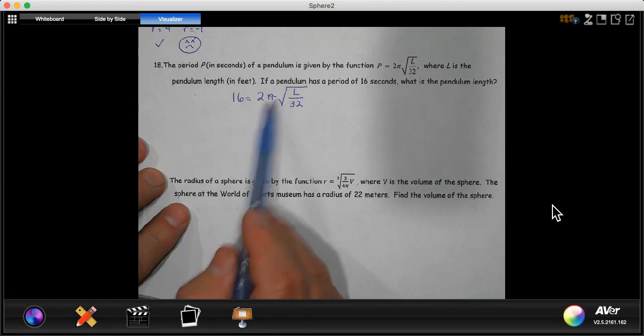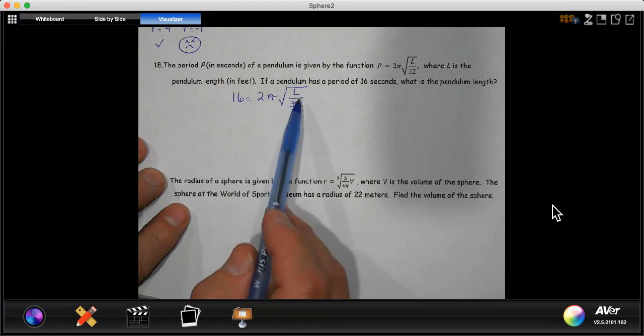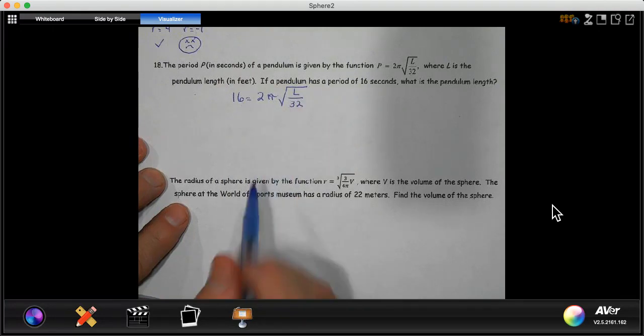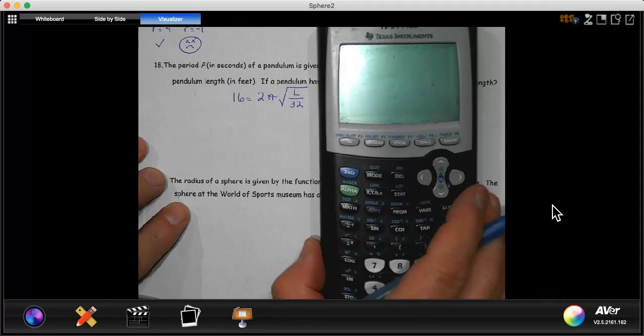So start outside the root, do its opposite. Opposite of multiplying is dividing. Then you have the root, square, and then it's gone. Now multiply by 32. So we'll do this as baby steps. We're going to divide both sides by 2 pi.